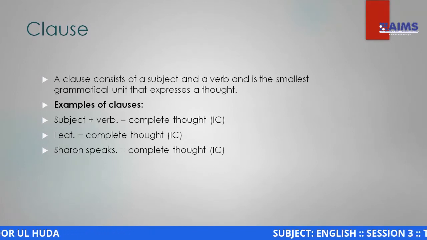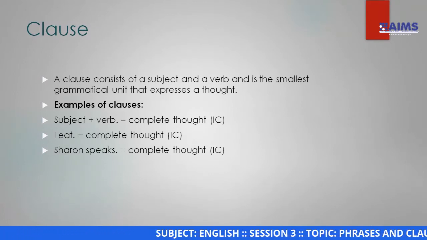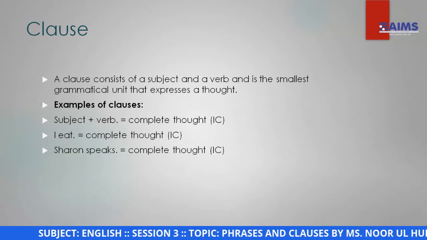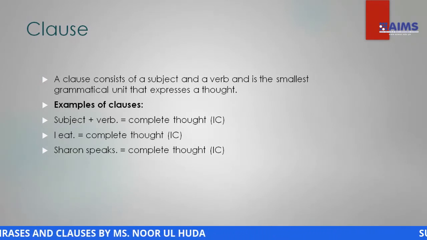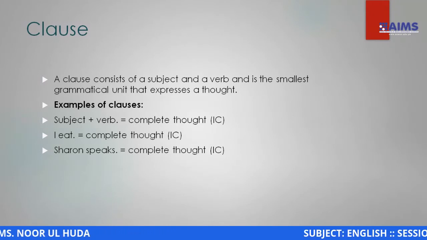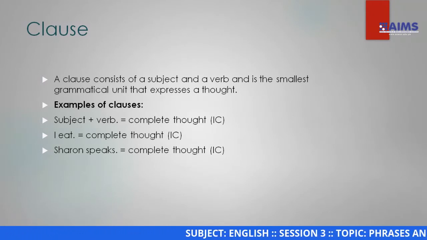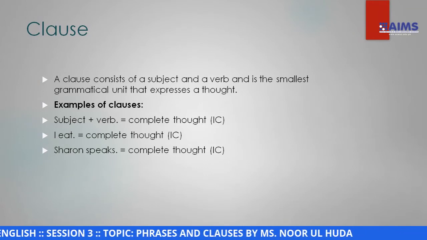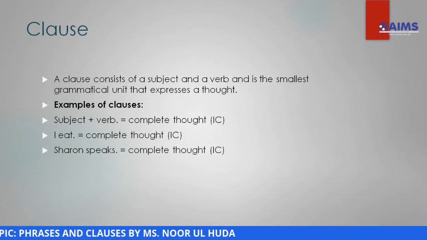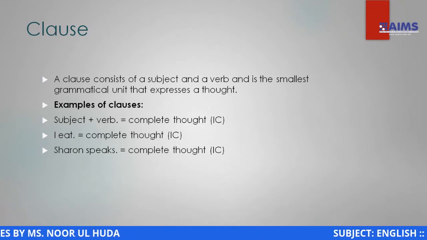Similarly, a clause can occupy only two words at a time, a subject and a verb, because these are the most important words which can convey the complete thought. Subject plus verb equals complete thought.